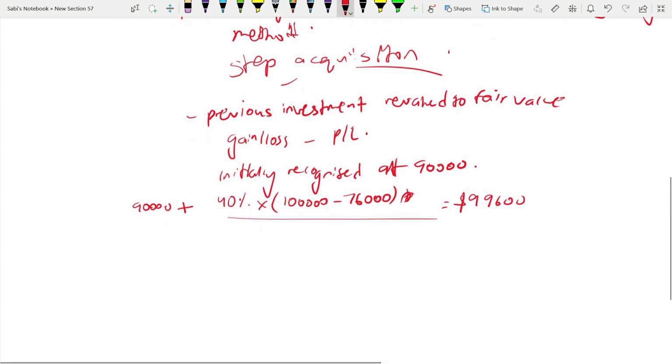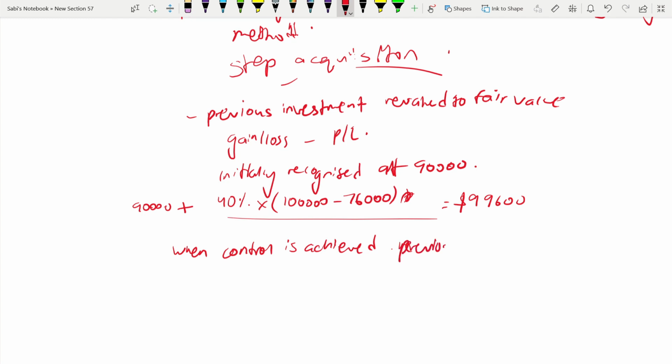Now, the next paragraph will be on the date when you have achieved the control. When control is achieved, this is the next paragraph. What do you write? Previous investment will be revalued to its fair value.